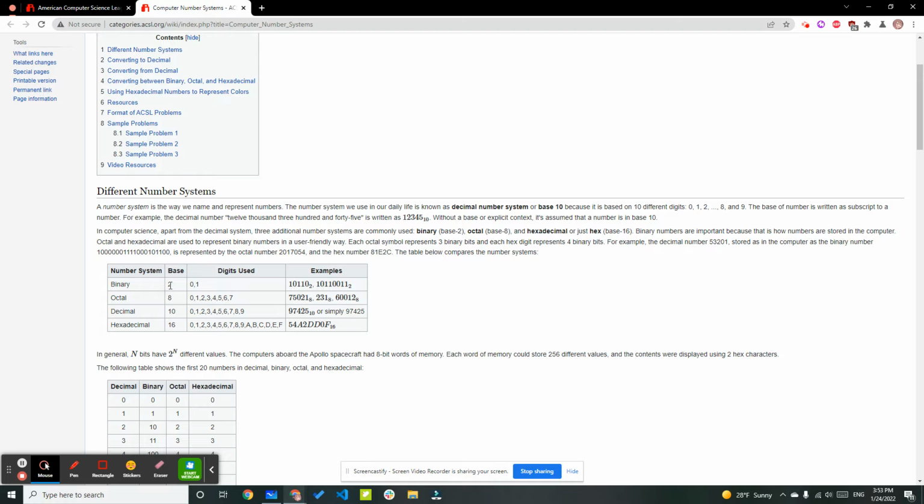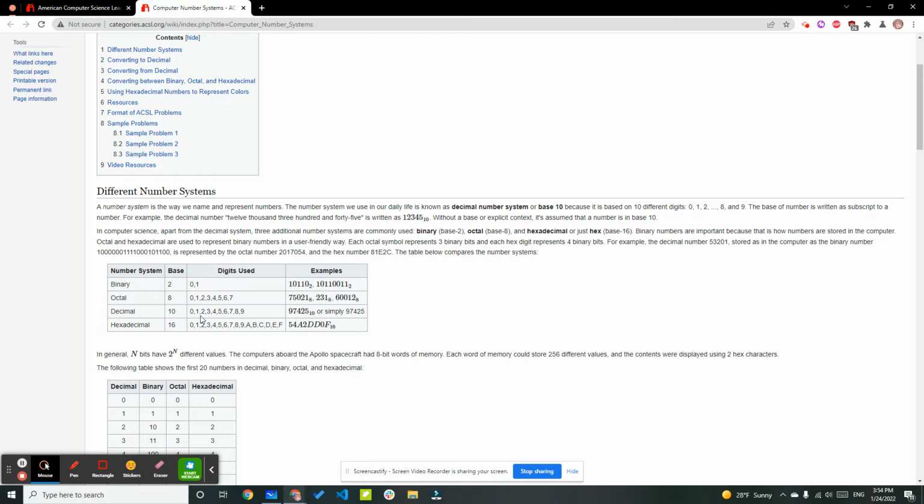Binary is base 2, octal is base 8, decimal is base 10, the one you use every day, and hexadecimal is base 16. Some examples of hexadecimal are hex colors, which use letters.